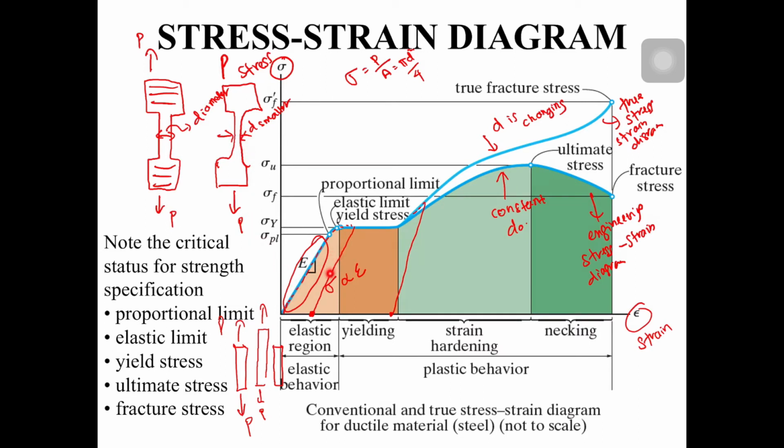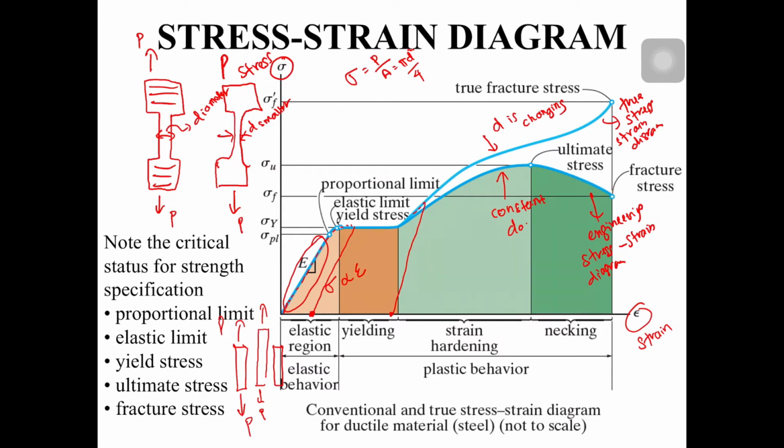Okay, so several points. You have sigma PL proportional, sigma yield here, and you have sigma ultimate at the top here. We call it ultimate stress. Okay, and you have fracture stress here when it's broken.